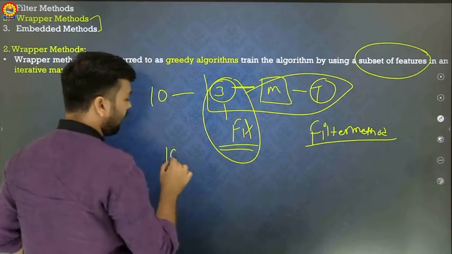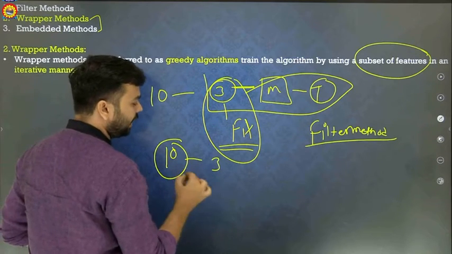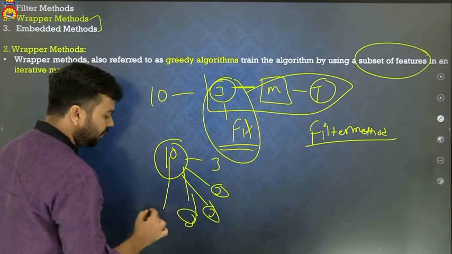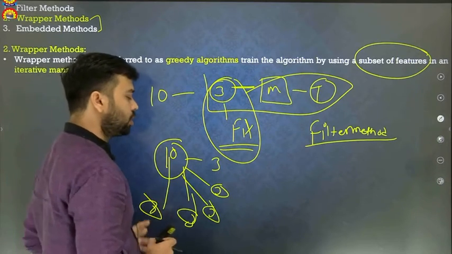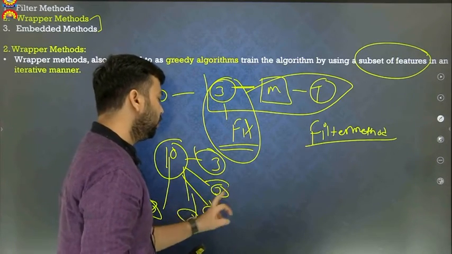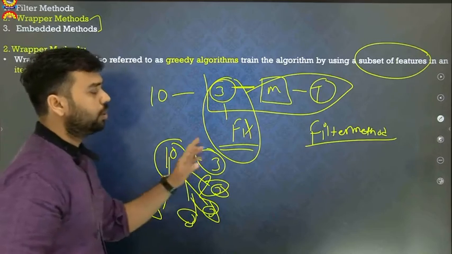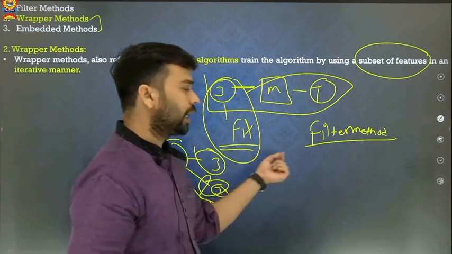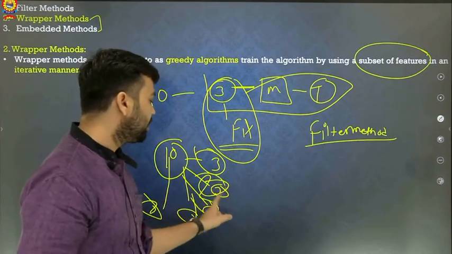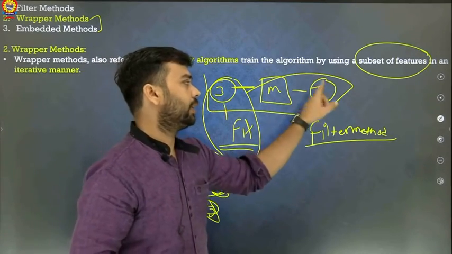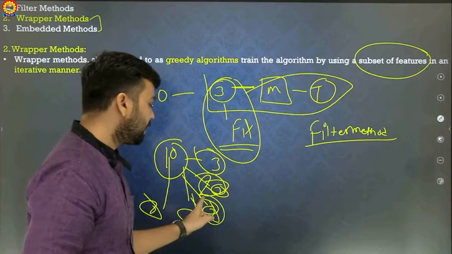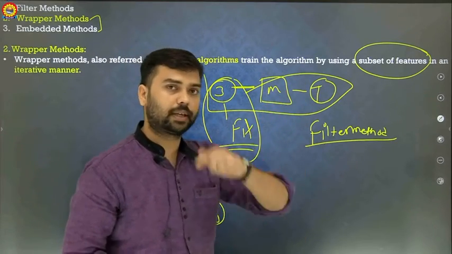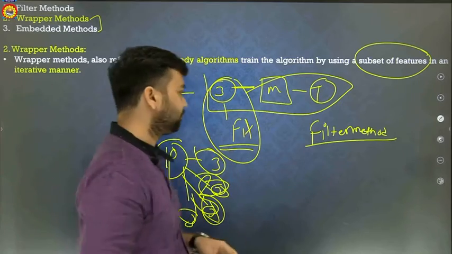Suppose there are 10 features, and we create subsets of 3 features, for example the possible combinations of 3 features. We take one subset, apply it to the model, and check the target value. If the target value is not good, we again take new features, apply them to the model and check the target value. Again we take the next subset, apply it to the model and check the target value. So it works in an iterative manner.